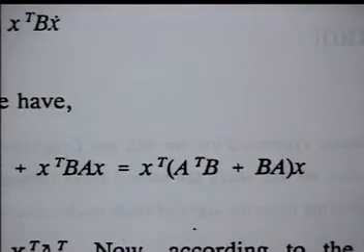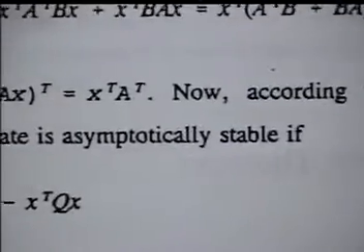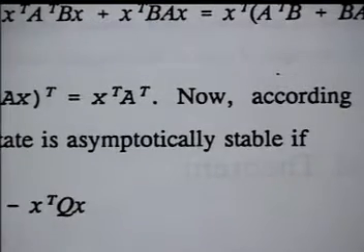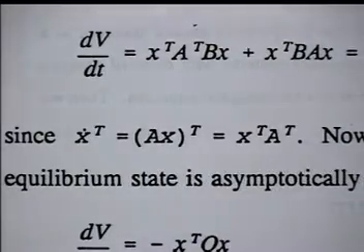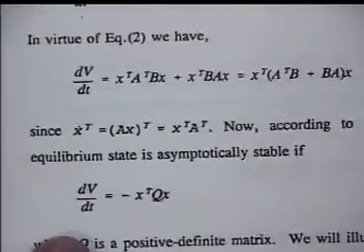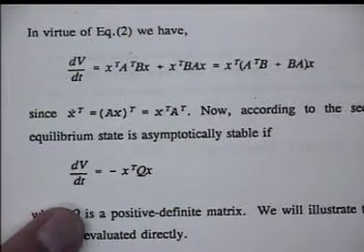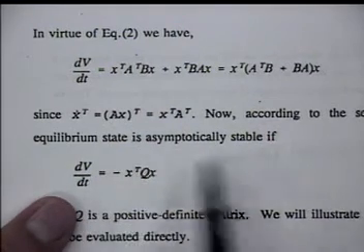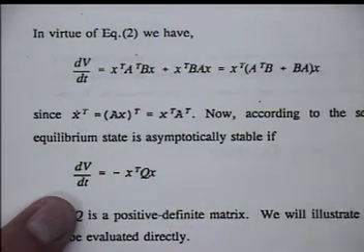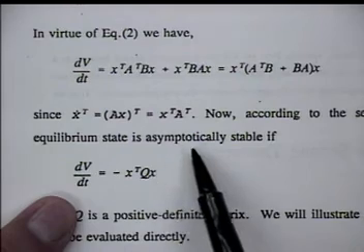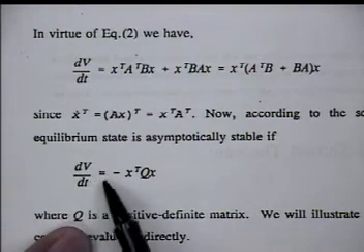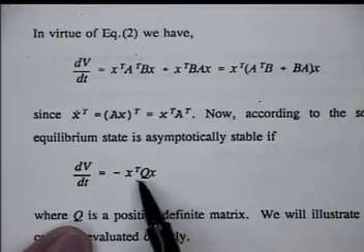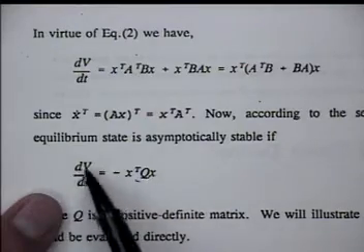Now, what does Lyapunov say? Okay, so we calculate the derivative. According to the second theorem of Lyapunov, the equilibrium state is asymptotically stable if this derivative is negative. Because V is positive itself. Why is it positive?